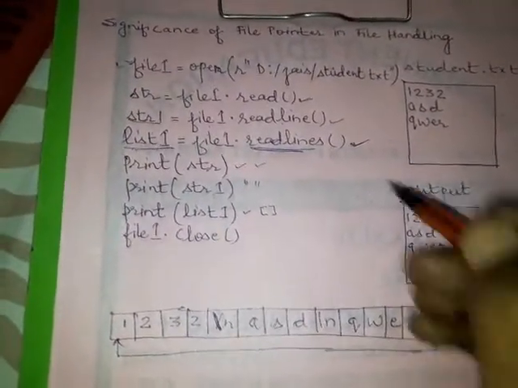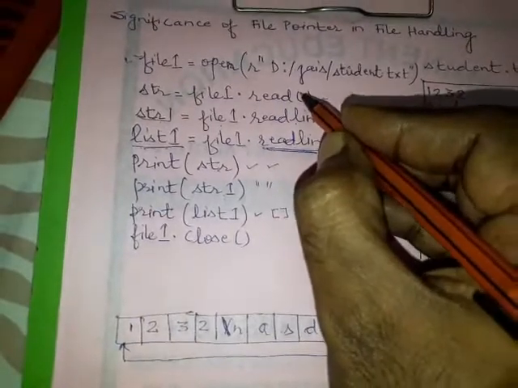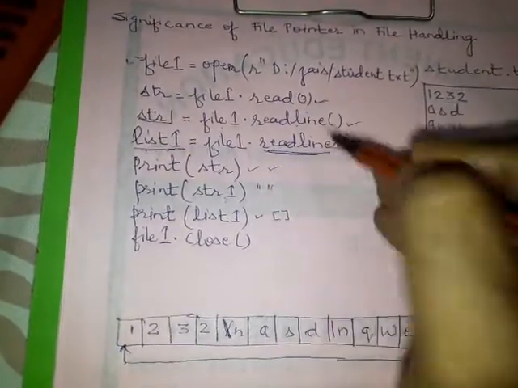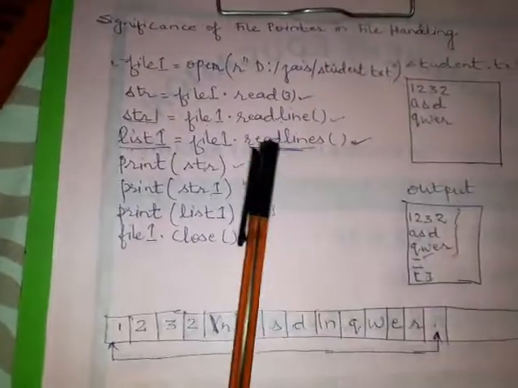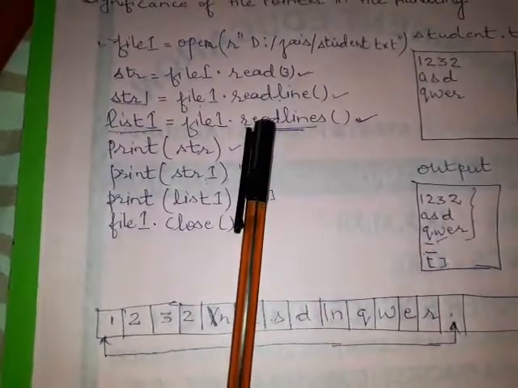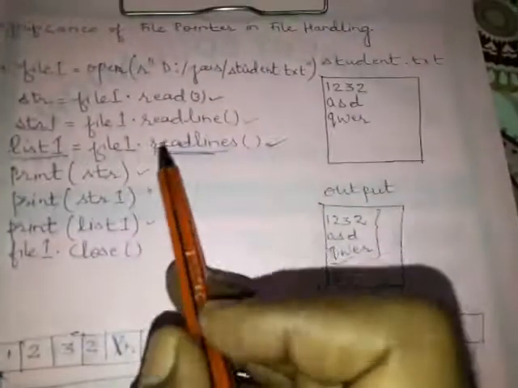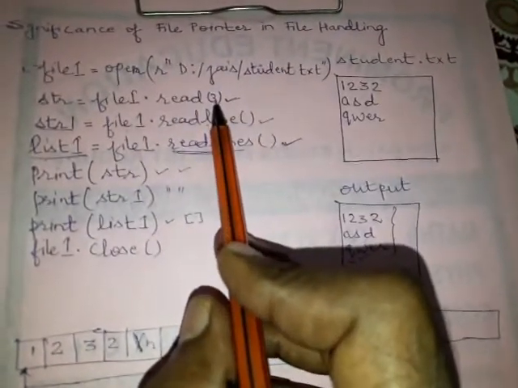Okay, now if I write 3 over here, what will be the output of the file? Let us see. If I write 3 over here, the output will be something like this.